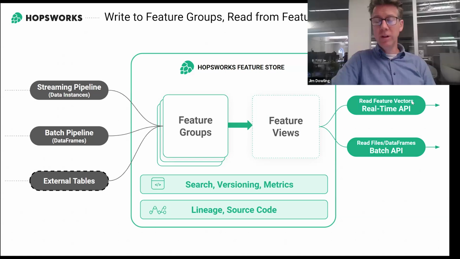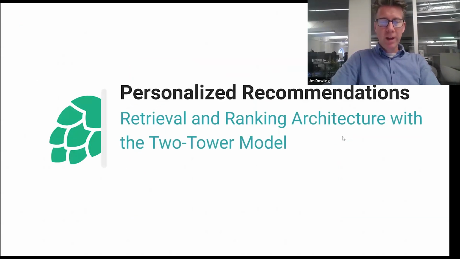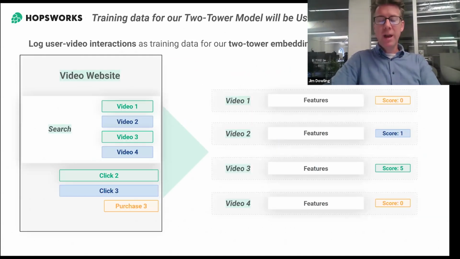Then the feature views are the API for getting the real-time data, so low latency lookup of pre-computed features, but we also have these high throughput data frame style APIs for getting batches of data for training models, but also for inference. Right. I'm going to explain a little bit of background on how we build a personalized recommendation system at scale with the retrieval and ranking architecture, and in particular the two-tower model, which is a little bit counterintuitive.